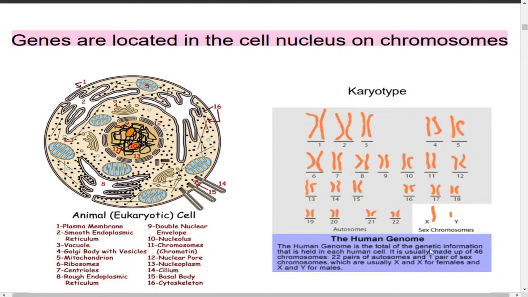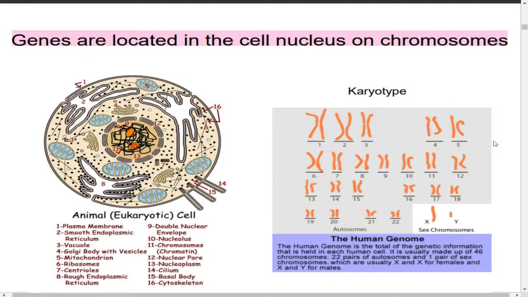It is usually made up of 46 chromosomes: 22 pairs of autosomes and one pair of sex chromosomes, which are usually X and X for females, and X and Y for males.